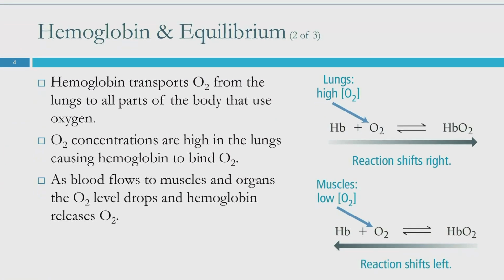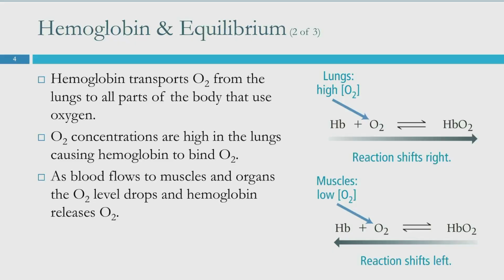So in your lungs, hemoglobin has access to oxygen. So in your lungs, you're going to have a high oxygen concentration. In order to try to establish an equilibrium in this reaction, because of all this oxygen, hemoglobin is going to be picking up that oxygen to turn it into oxygenated hemoglobin.